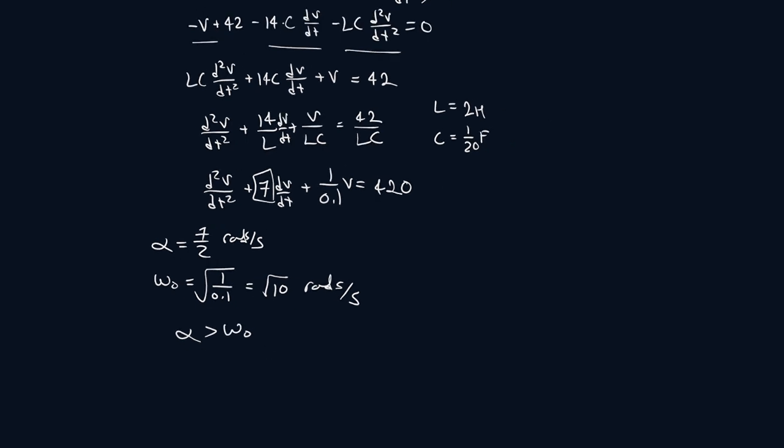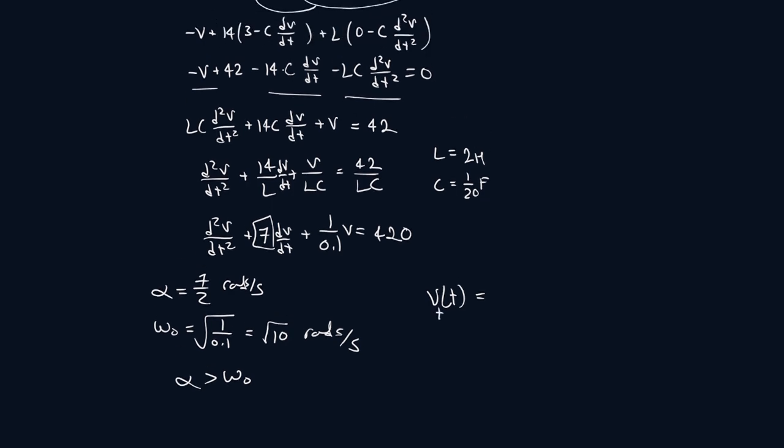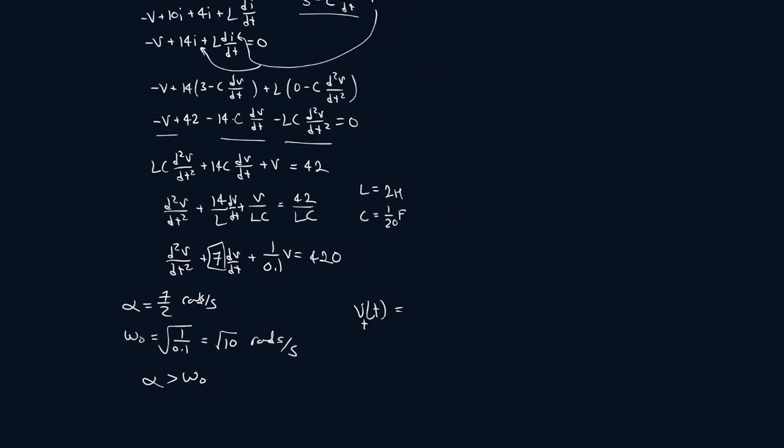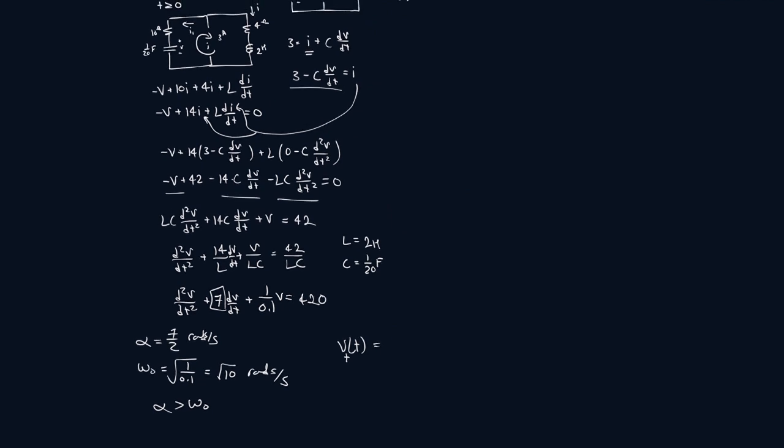So that means to find Vt, the transient voltage passing through the capacitor, it's going to be A1 e^(S1 t) plus A2 e^(S2 t).